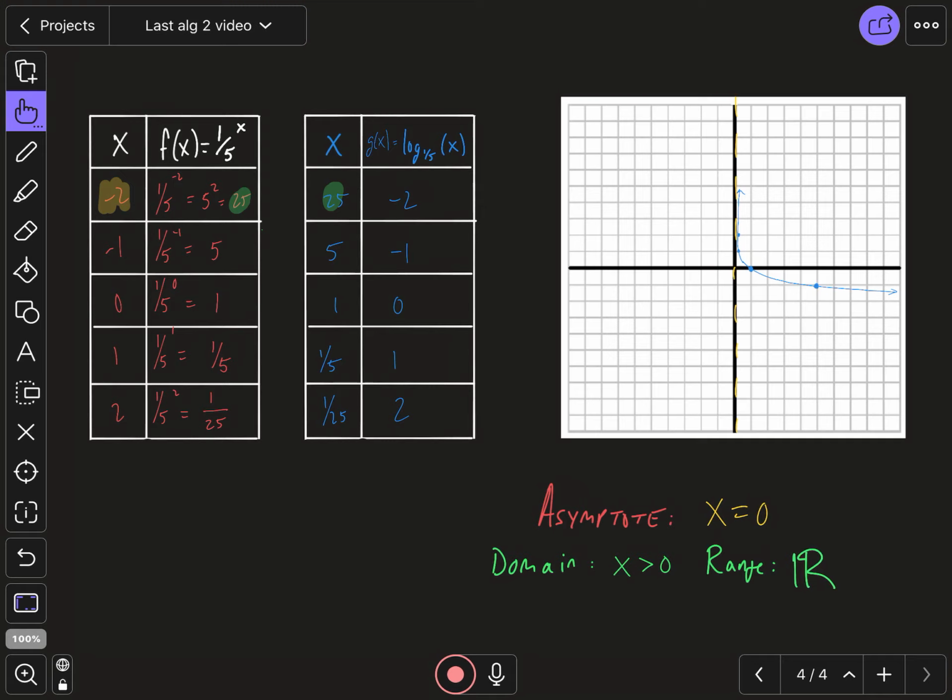Even if I multiply everything by 2, it's still everything. If I shift everything up 4, it's still everything. So the range for a logarithmic function will always be all real numbers. There will be some changes to your domain depending on how things shift, but the range will always stay all real numbers.